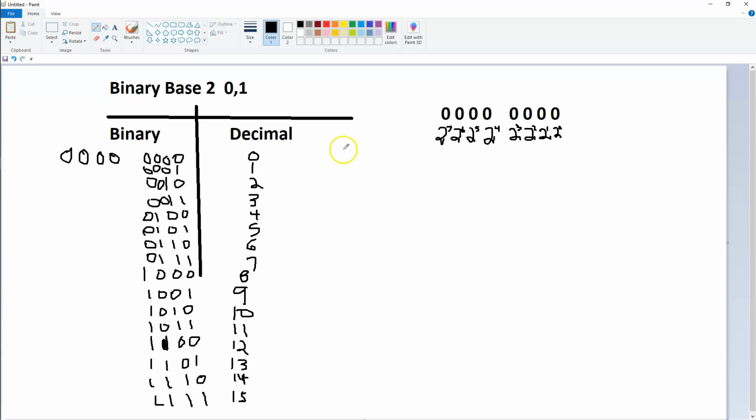Just like we did with our decimal, except we used 10 to the 0, 10 to the first, and 10 squared.